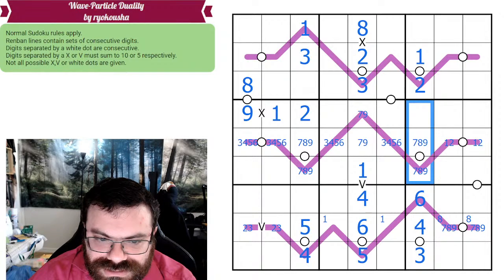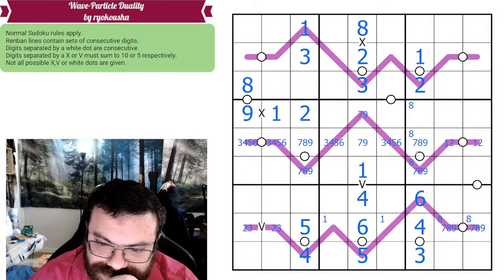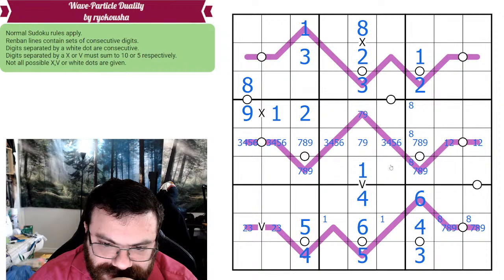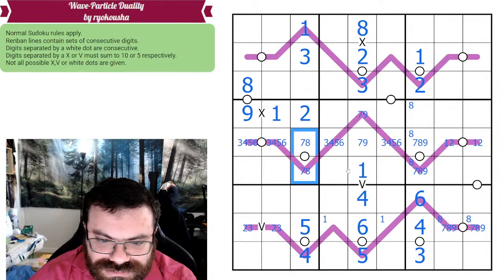Eight goes in here. These aren't 9. That's 7, 8. So this means this is 8, 9.